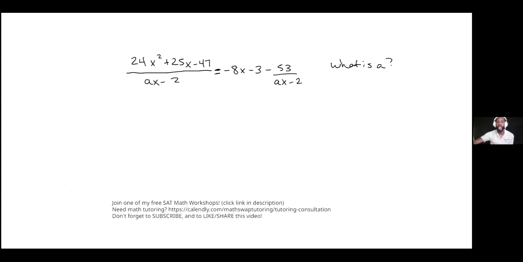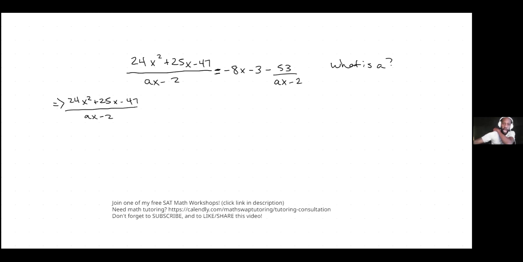All right, so the first thing I think about is anytime you want to solve for an unknown, you want to have that unknown on one side of the equal sign by itself. So we're going to move the A stuff over with the A stuff. So this is going to become 24x squared plus 25x minus 47 over ax minus 2.